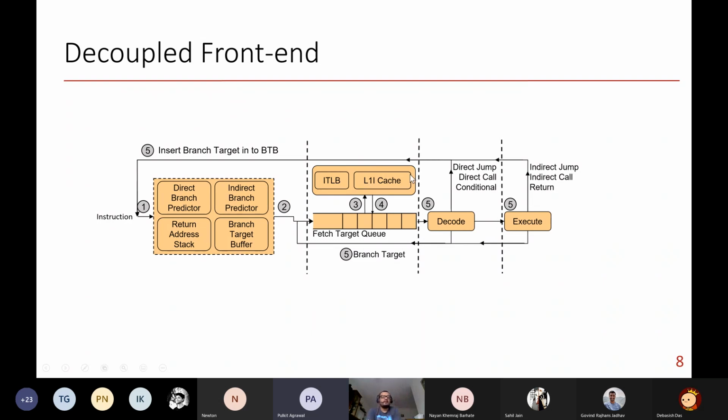But what may happen if there is an L1 ICAS miss? That means you have to go to L2 CAS, or maybe if it is a huge code footprint application, you have to go to L3 CAS or maybe DRAM. That means for 200 to 300 cycles, the fetch stage is stalled. Now you are not fetching instructions. Forget about decoding, executing, and memory and other things. Those things will come later.